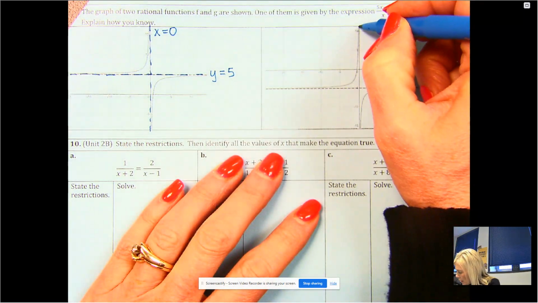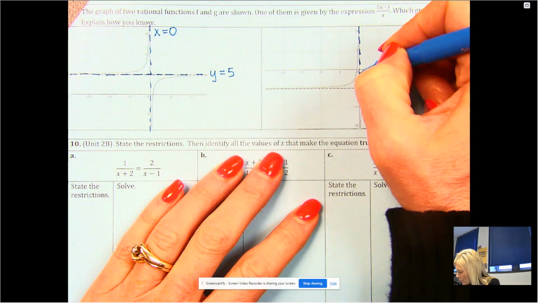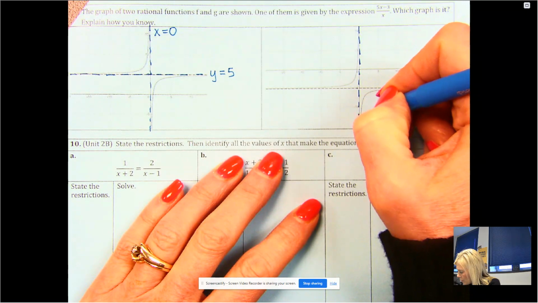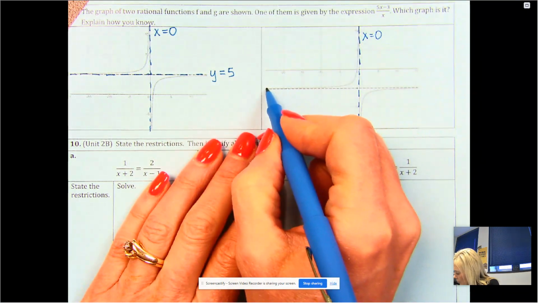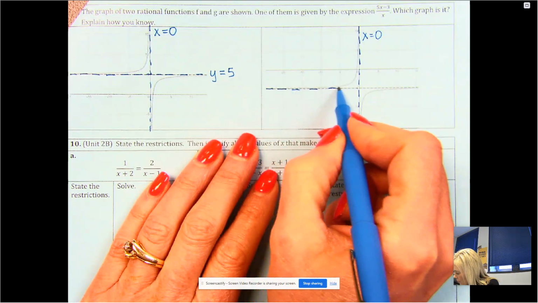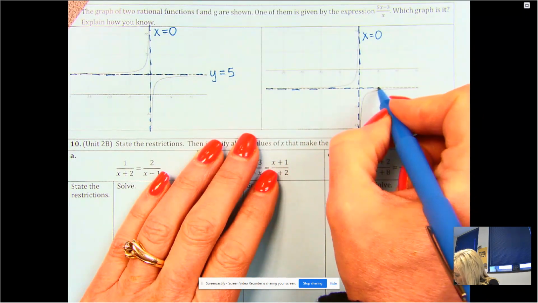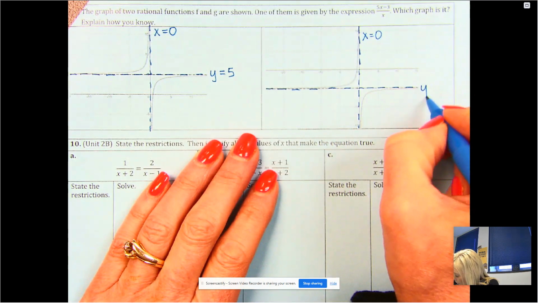This one also has a vertical asymptote at x equals 0 and a horizontal asymptote at y equals negative 5.